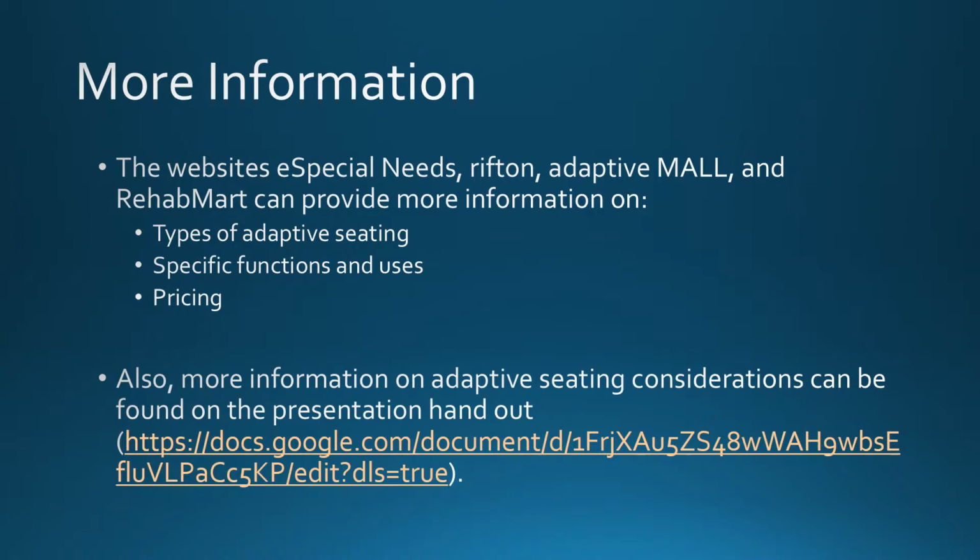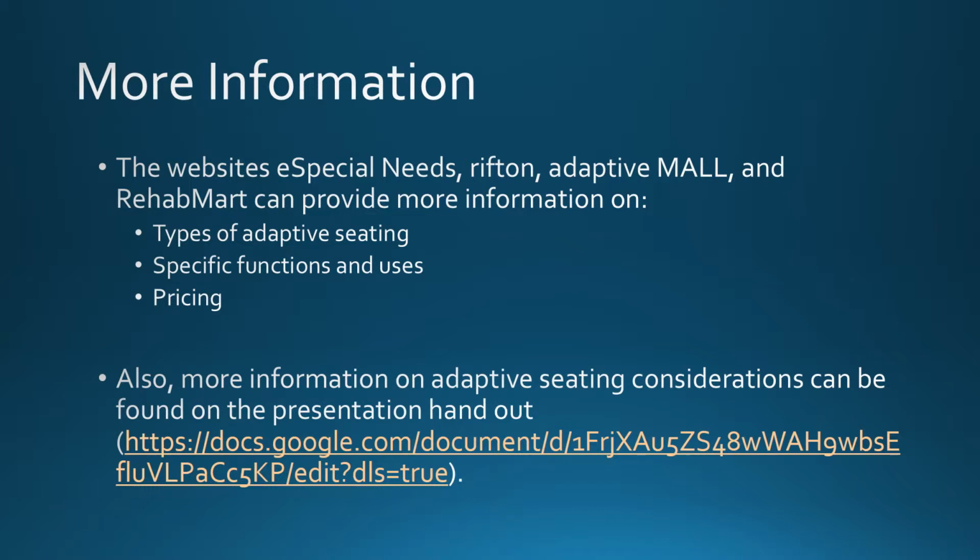In the effort to be concise, this will be the last bit of my presentation, but I would encourage you, if you'd like to learn more about adaptive seating or have questions about it, the websites Special Needs, Rifton, Adaptive Mall, and Rehab Mart can provide more information on different things like the types of adaptive seating, specific functions and uses, and the pricing of them.